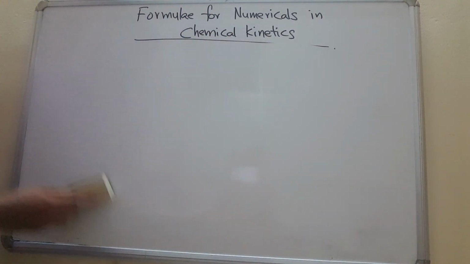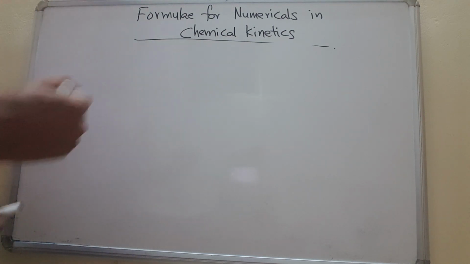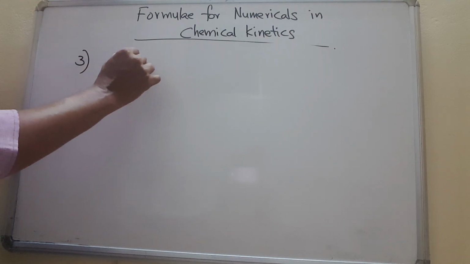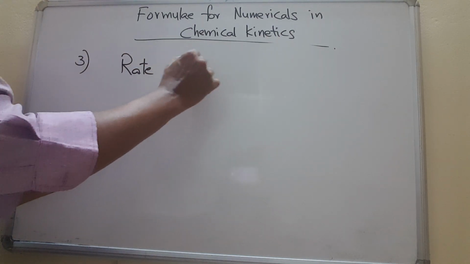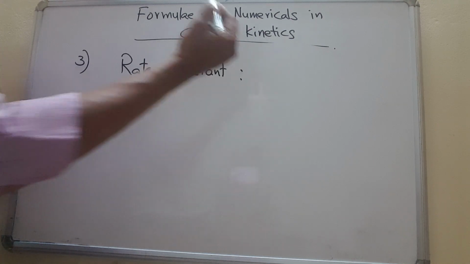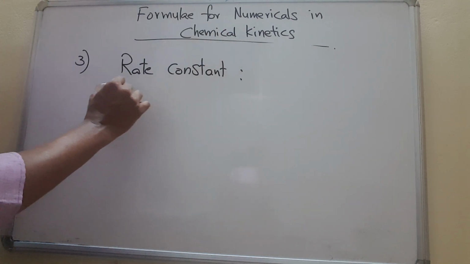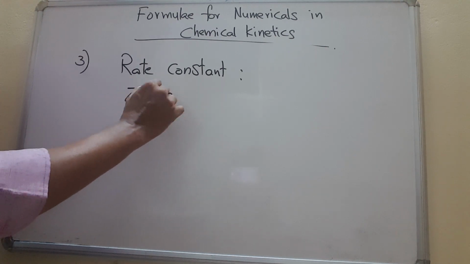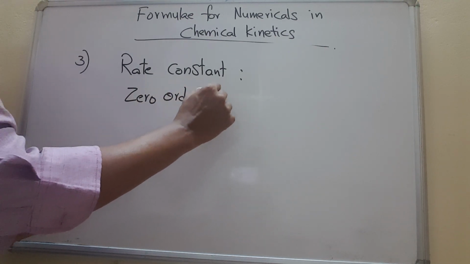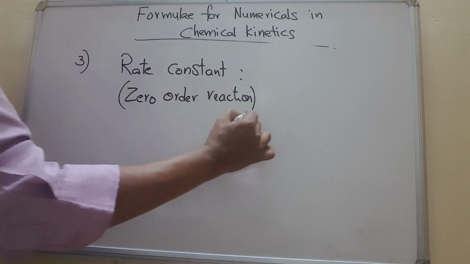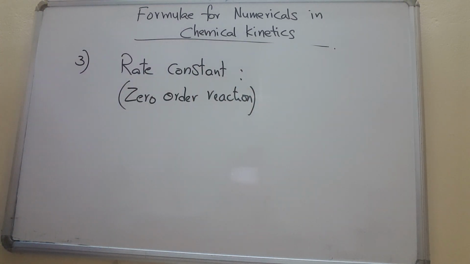Okay, then the next one: how can you calculate the rate constant for a zero order reaction?